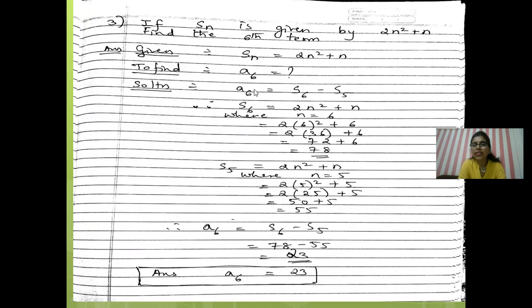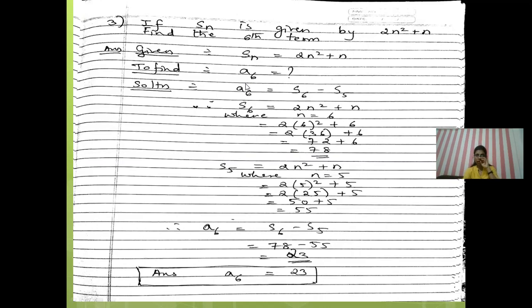As it starts with 6, A6 you have to find. So S6 minus S5, the next consecutive. The reason is when you add all the numbers till the previous number and subtract, you get that particular number. So that is the logic we are using over here.